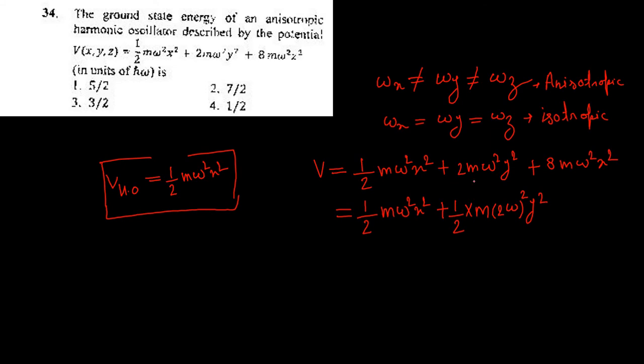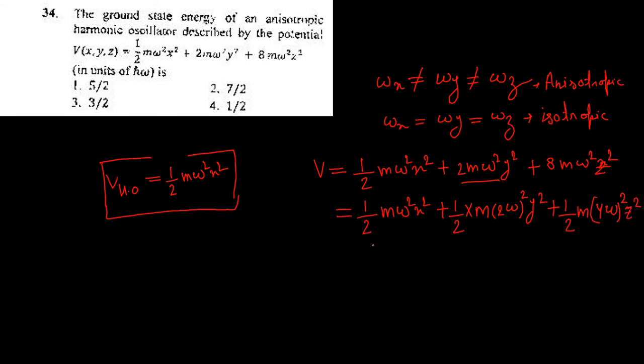So this term will become this. Okay. Now to convert the last term into this form, we will multiply by 2 and divide by 2. So this will become 16, and we will take the 16 in omega with omega, and write it as 4 omega square. So m 4 omega square, and here it will be z square.